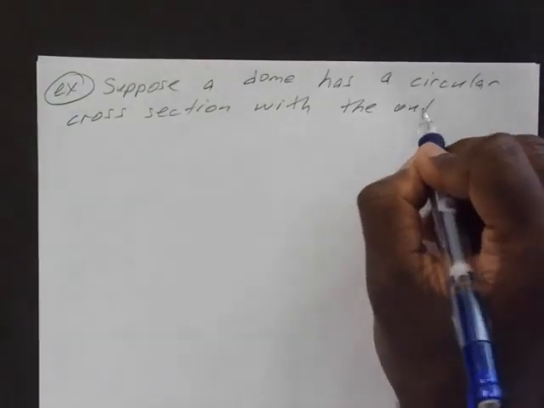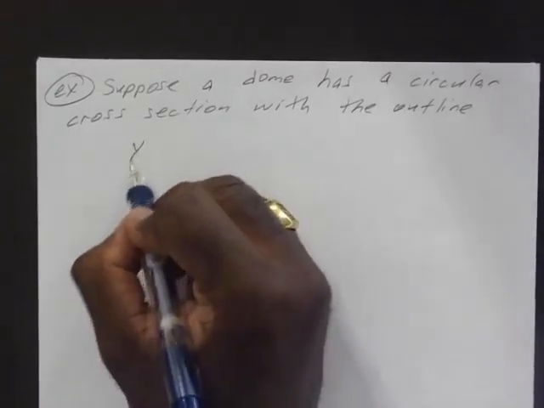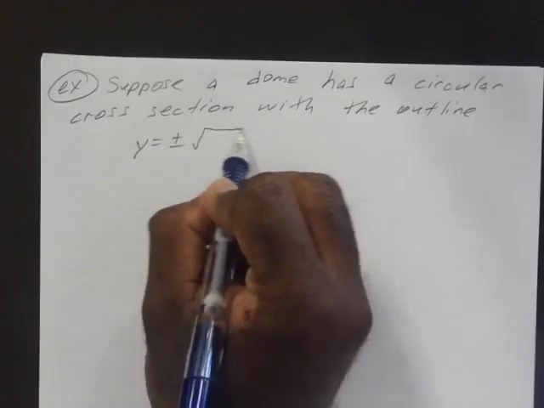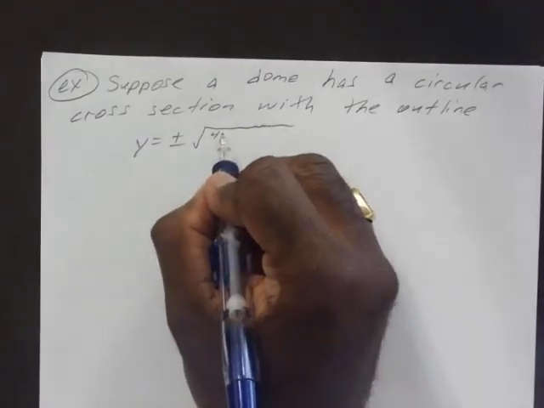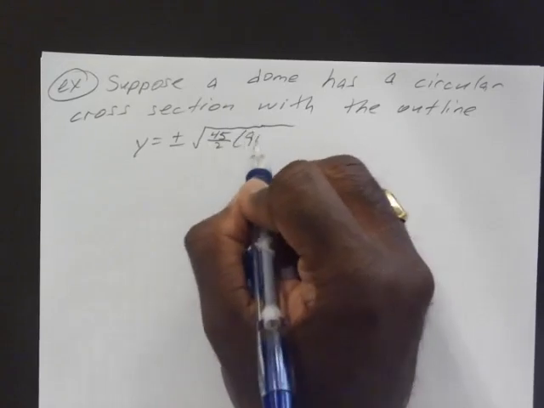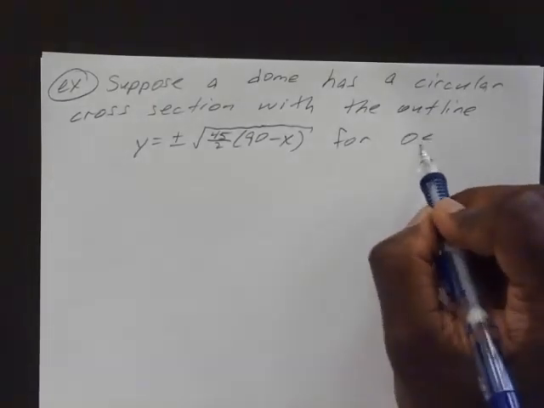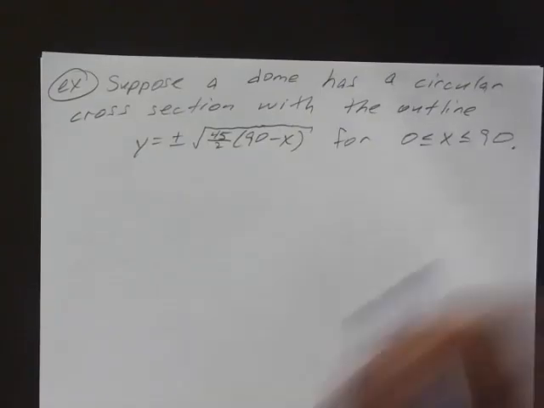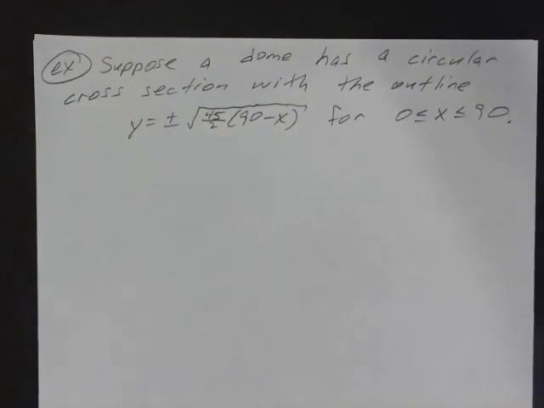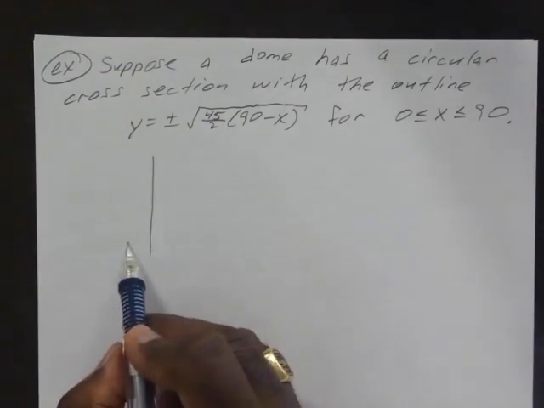With the outline y equals plus or minus the square root of 45 divided by 2 times 90 minus x, for the interval between 0 and 90. Okay, so kind of a view of that.